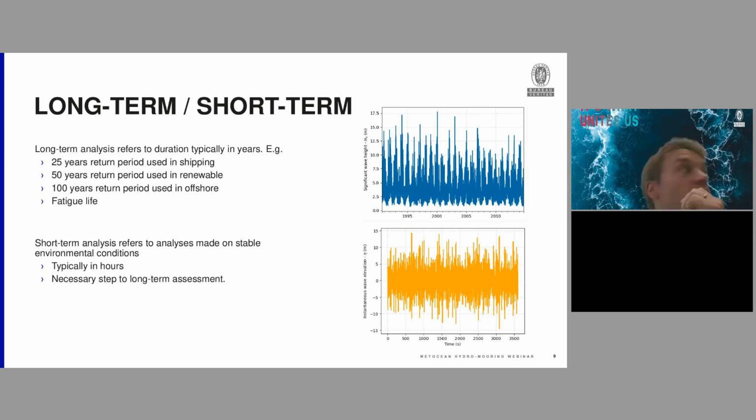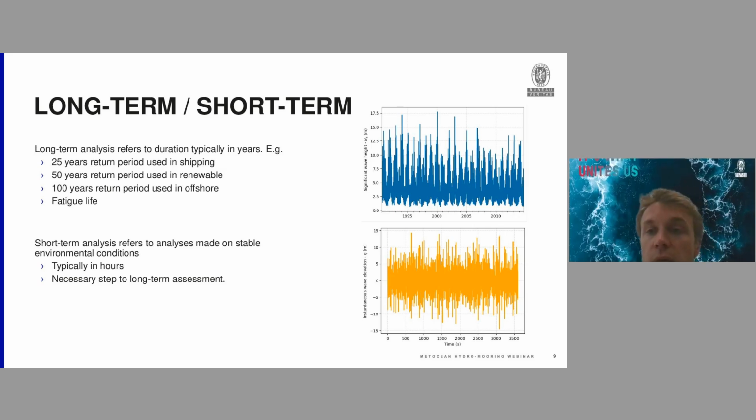On the top right figure, you see the significant wave heights over a long time, in years. So it's a long duration. On the other hand, short-term analysis refers to analysis that is made on a stable environmental condition. This time it's typically in hours.